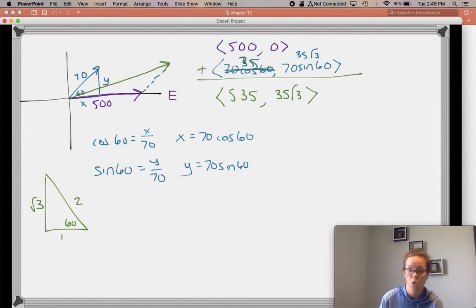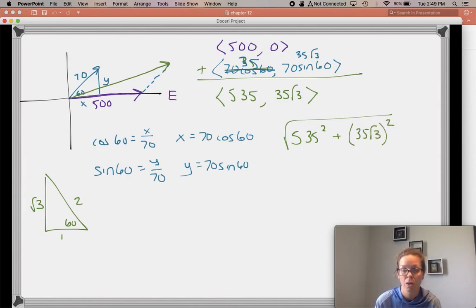So if I wanted to know the speed, it would be the magnitude of this. I didn't grab my calculator, so I can't actually do the final calculation here because I don't trust myself to do this in my head. But I could type that into a calculator, and that would give me the final speed of the plane in its new direction.